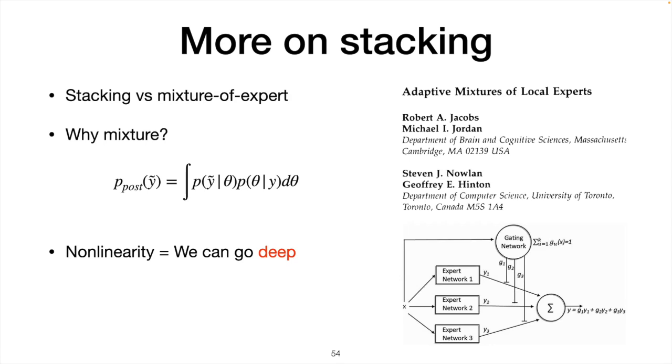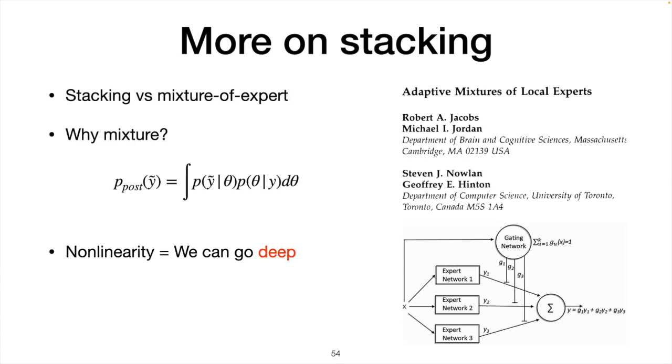And another idea is that either in mixture of experts or in stacking, we always use a mixture to combine probabilistic predictions. That's another degree of freedom that you can change, because mixture is just one special case to combine models.